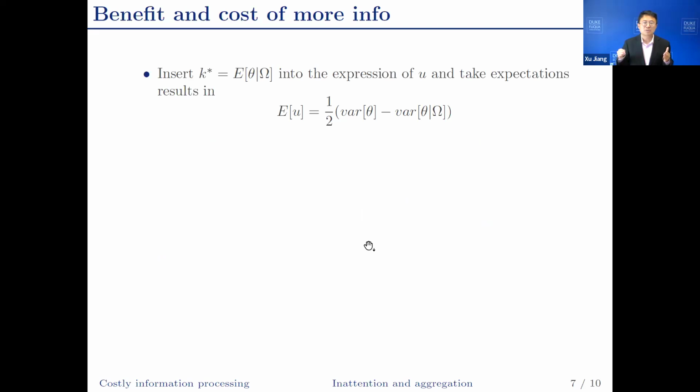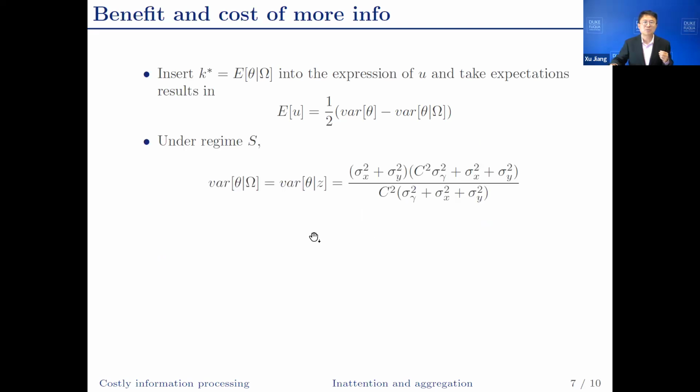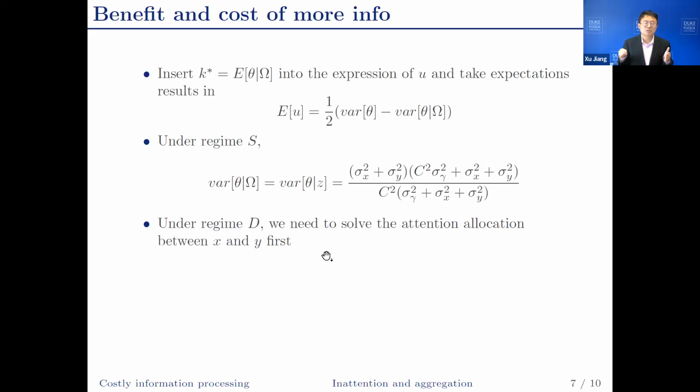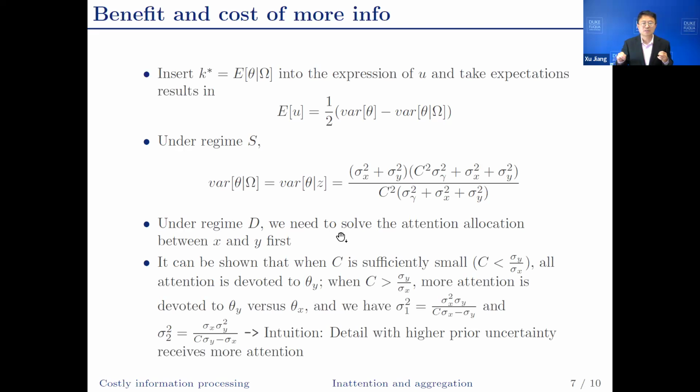So the lower the posterior variance, the higher the expected utility. Under the summary regime, we can calculate the posterior variance of theta to be this. Under the details regime, however, we need to first solve for the attention allocation between the two signals, x and y, before we solve for the posterior variance.